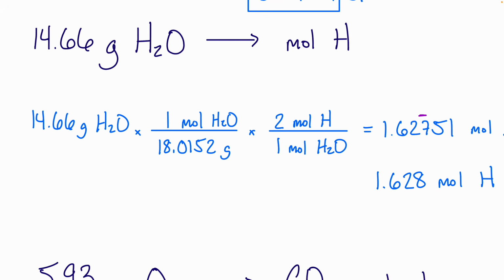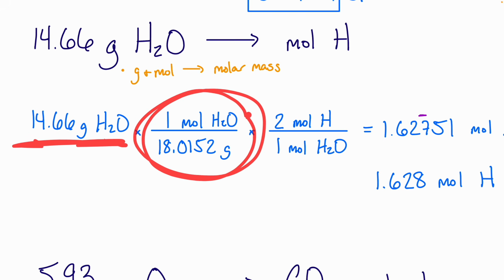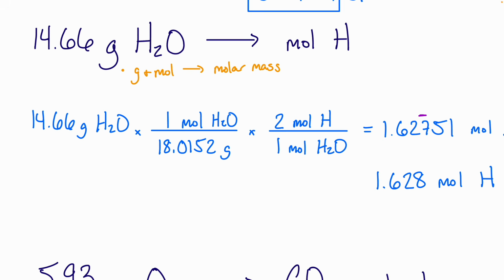Okay, so here, same idea. Strategy-wise, we see grams and moles. So now we're going to need to use our molar mass. Since I'm starting out with grams of water, I'm going to have to use my molar mass of water, that 18.0152 grams per mole. We calculated that previously. And that will give me, in units of moles, moles of my compound, moles of water.